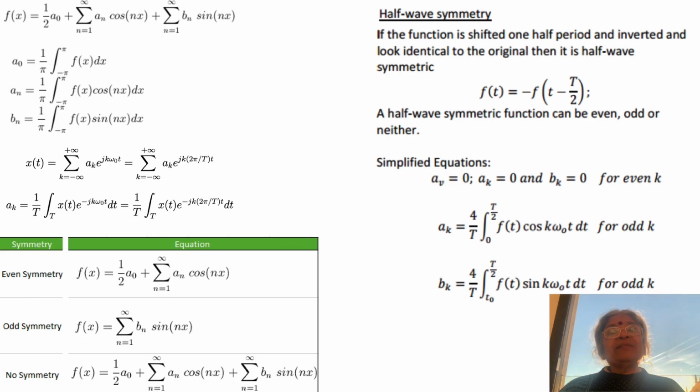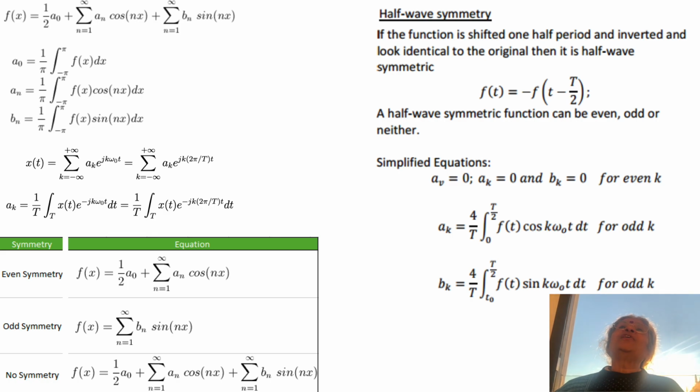On the other hand, for odd symmetry, both the DC value, which is signified by A0 by 2, as also the cosine components which have coefficients signified by AK here, disappear. So that's an ease of doing the problem when you are having a Fourier series representation.